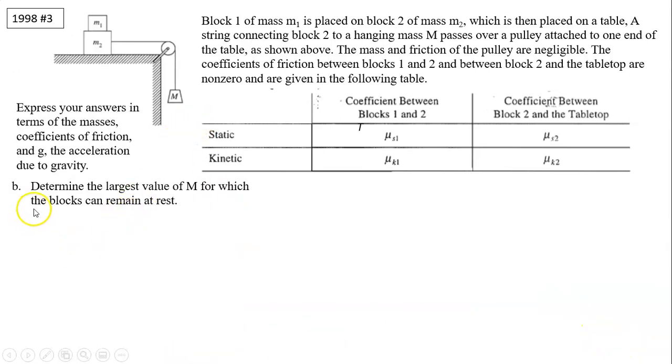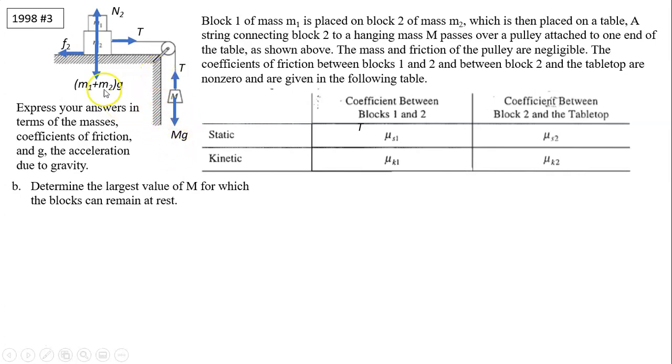Okay, let's take a look at the next part. Determine the largest value of M for which the blocks can remain at rest. In this case, for the system to remain at rest, the largest M has to reach the maximum static friction. So here are the forces. F2 has to be equal to T, which is equal to Mg. So F2 changes according to Mg, so you can keep adding mass until that maximum value, when the block will start to move.